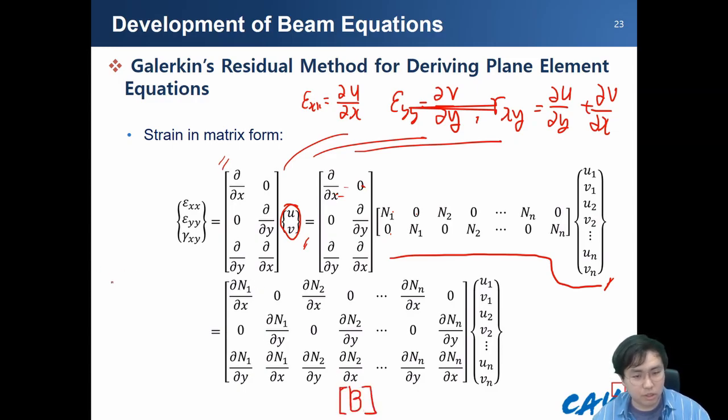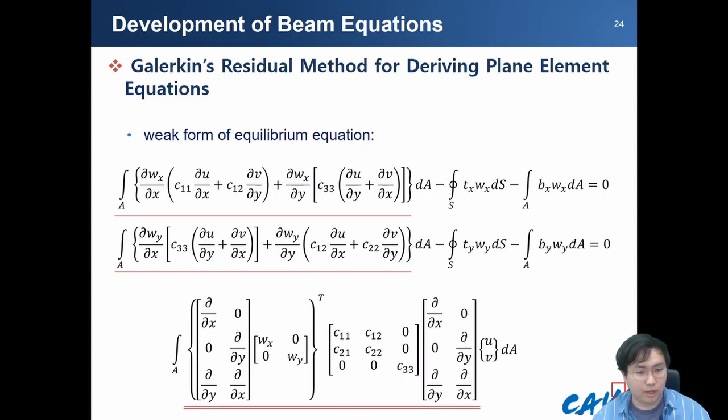In the one-dimensional cases, we said that strain is the B matrix times the U value, and it is the same in the two-dimensional cases. However, the detailed element is more complex than here. Anyway, we obtained this relationship, and after that we are going to apply this equation.